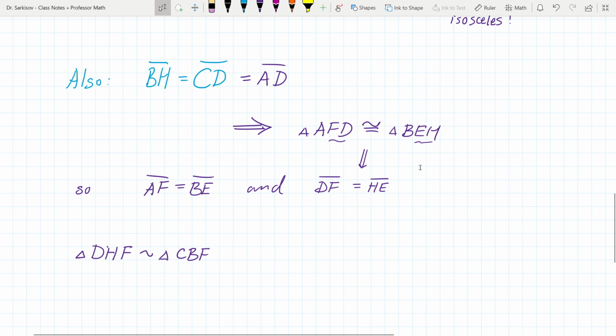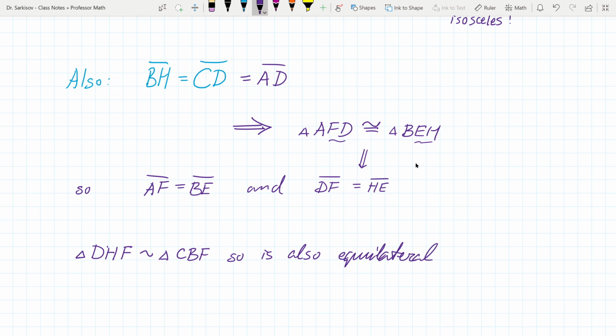And so look back up here. What does that mean? That means this is also equilateral, okay? Meaning that DH, which is, now we know already, oh, no, sorry. So DH is equal to HF is equal to DF. And you see this argument here.